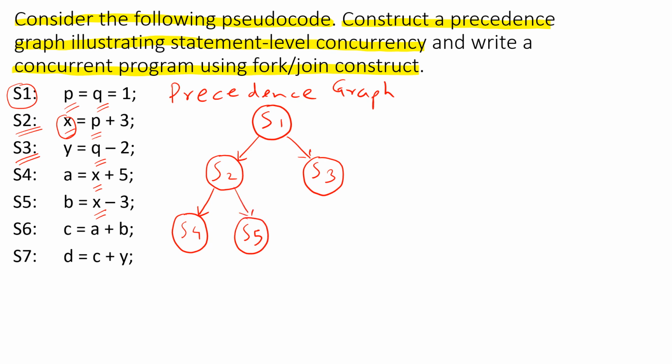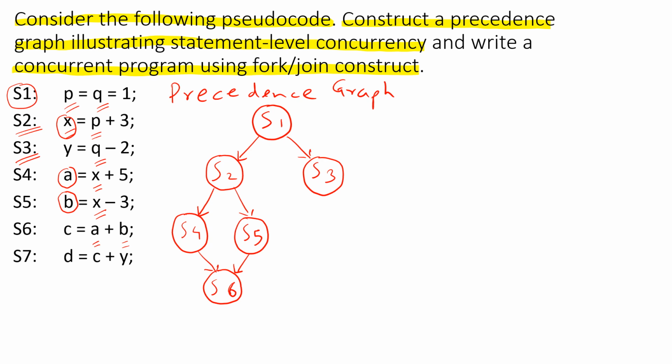Statement 5 will run only after you execute statement 2. Then statement 6 reads the value of a and b, which are modified by statement 4 and statement 5. So statement 6 is dependent on two statements, statement 4 and statement 5.